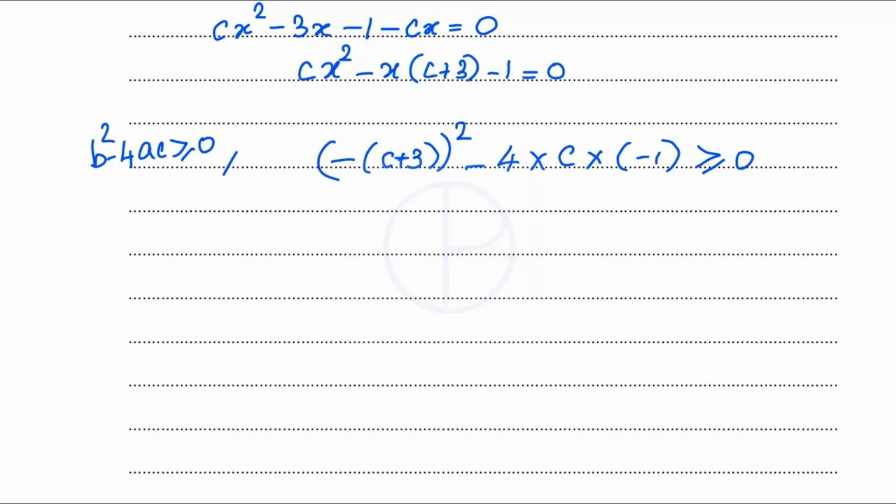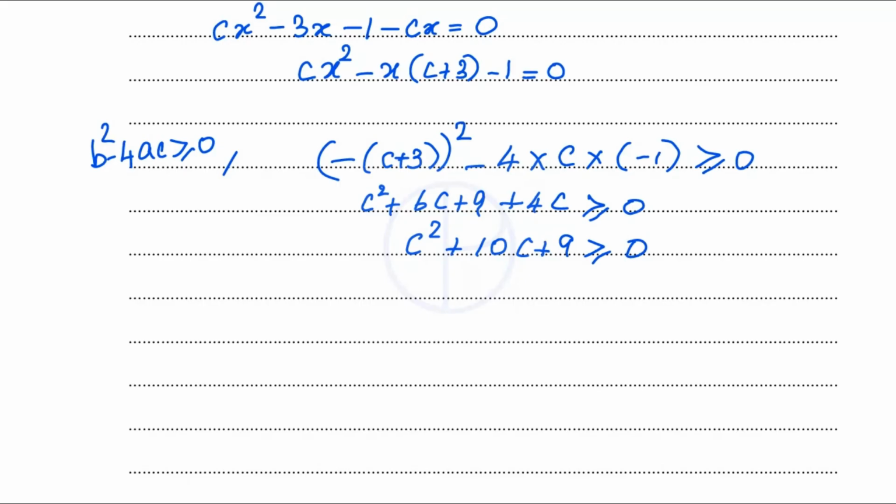So we need to expand only c plus 3 the whole square, which gives c square plus 6c plus 9, minus 4 times c times negative 1 is plus 4c, greater than or equal to 0. So c square plus 10c plus 9 is greater than or equal to 0.